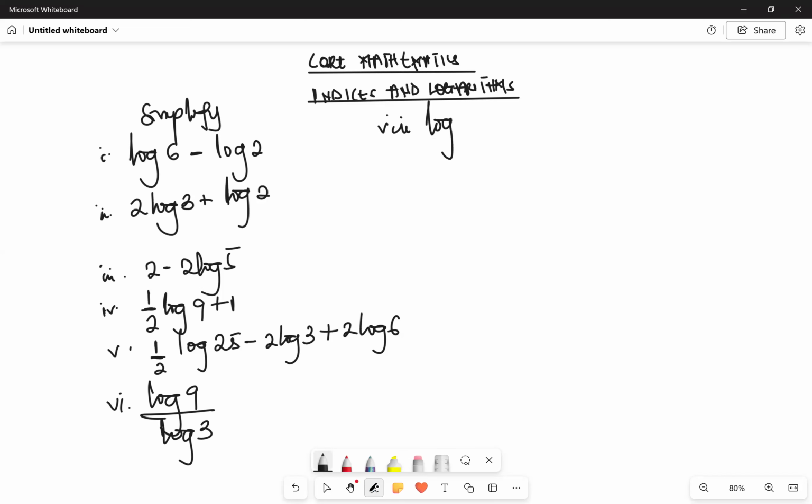Then log x plus 1 minus log x squared minus 1.